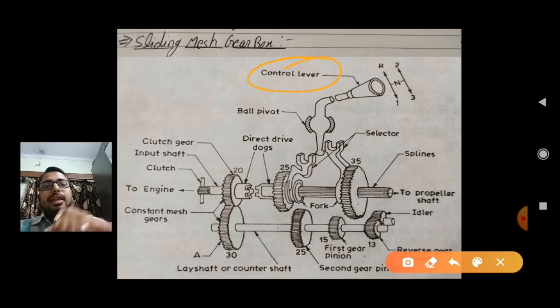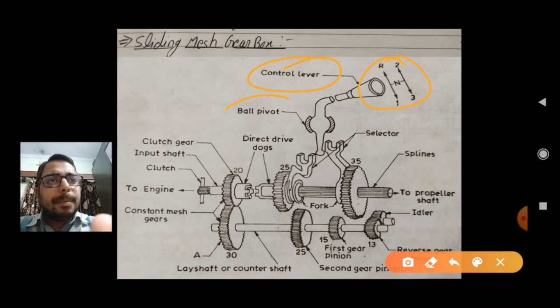In a four-wheeler, the gear shifting takes place with first gear, reverse gear, second gear, third gear. So this is a type of hand lever. In this gear system, only four gears, first, second, third, and fourth, are shown here.